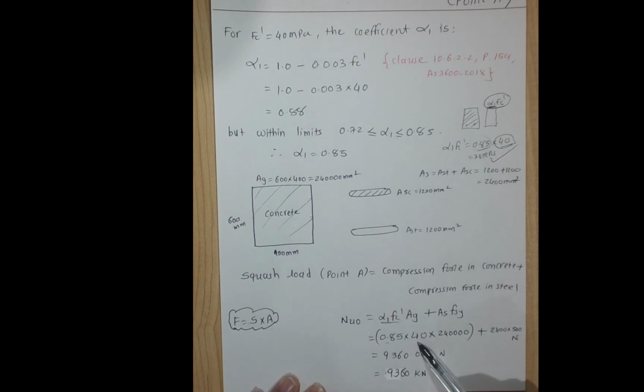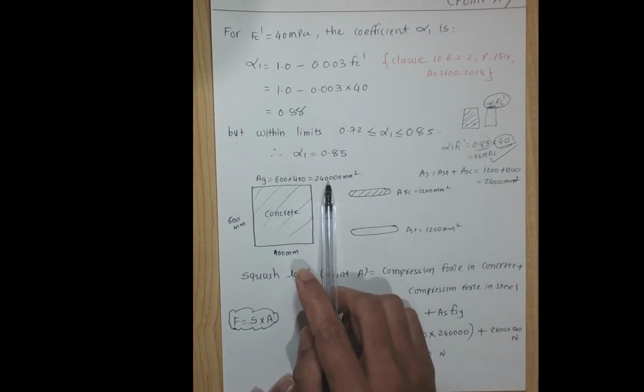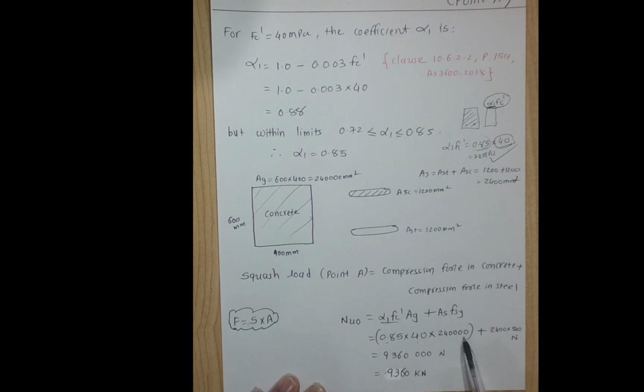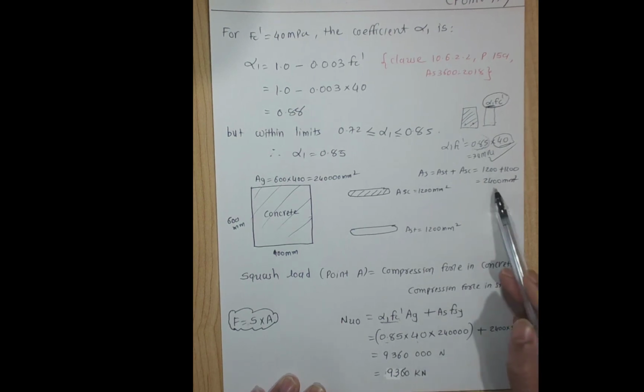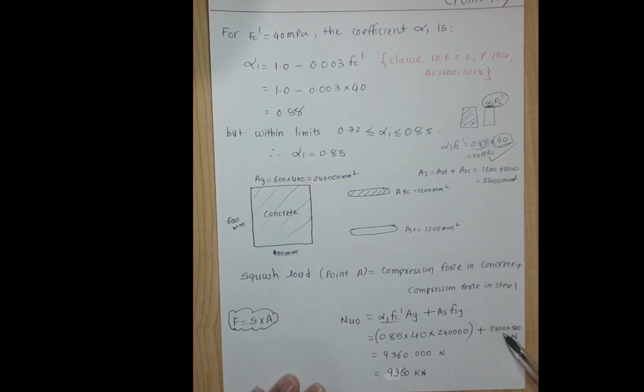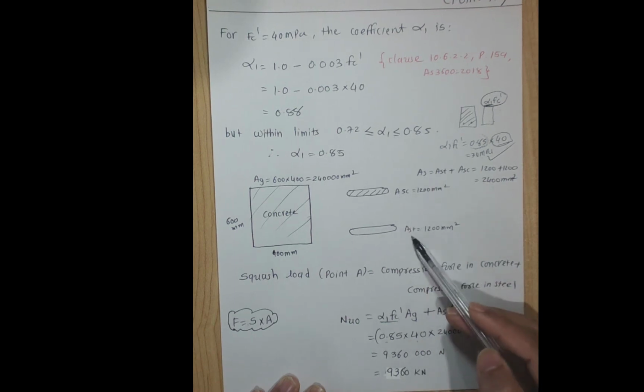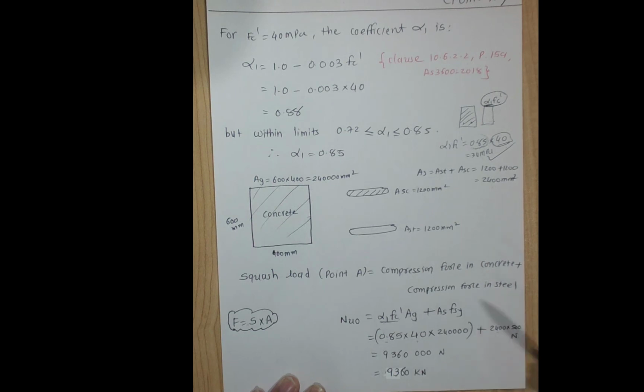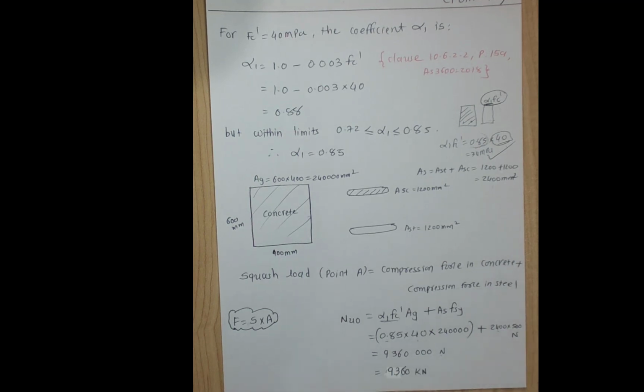FC dash is given in the question as 40. The cross section area of the concrete is 2400, plus the area of the steel, 2400, because we have compression reinforcement and top tensile reinforcement. So 2400 times the yield strength 500 gives Newtons. We are working everything in Newton millimeters, so it gives you Newtons, and divided by a thousand, it gives you 9360 kilonewton.